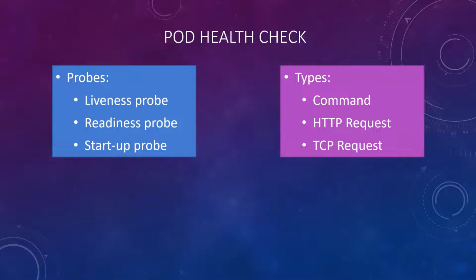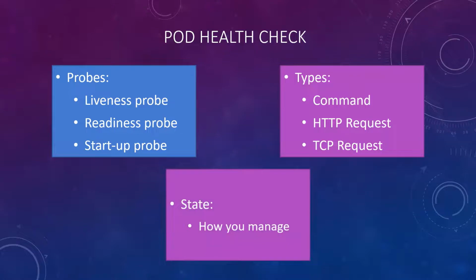So this is about the health check, and apart from that there is the matter of how you are managing your application's state. As we saw, the probes are defined in detail in the YAML file, but sometimes we need to maintain our application declaratively or imperatively, right?